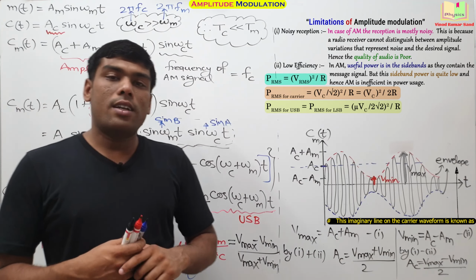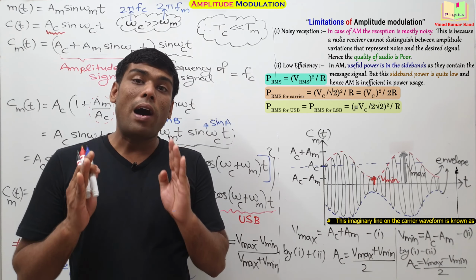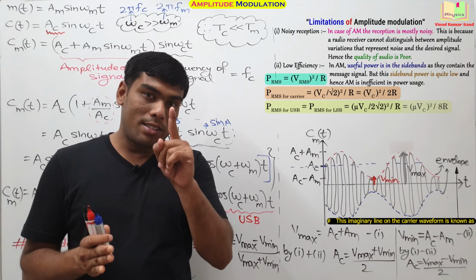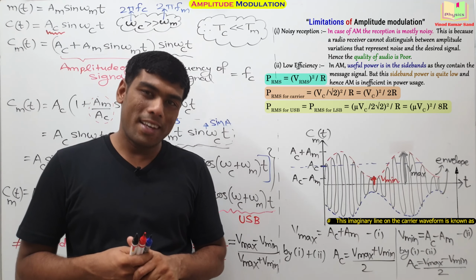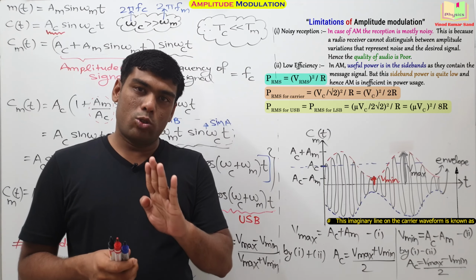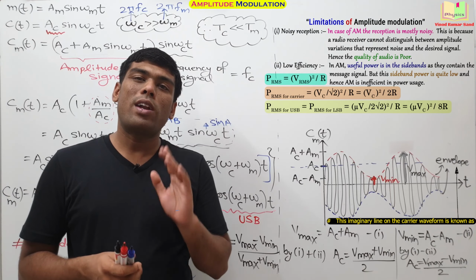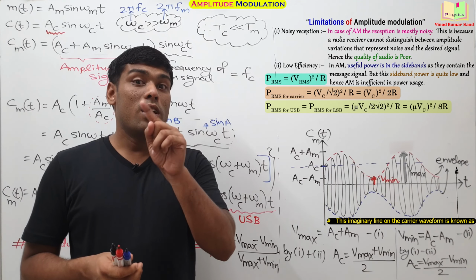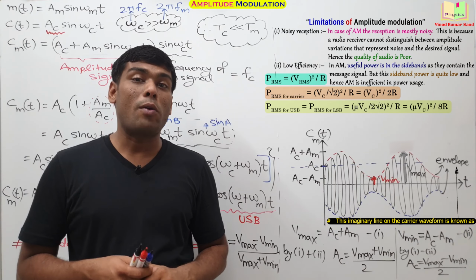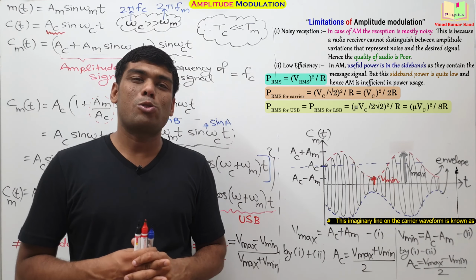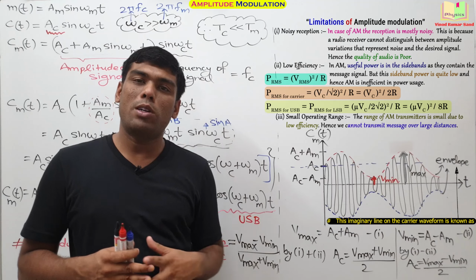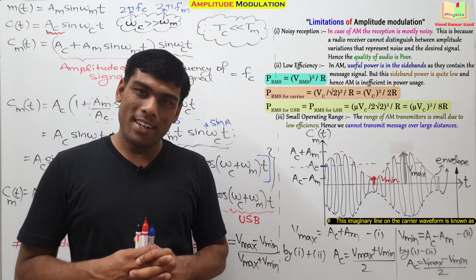Then you can see clearly that the power in the sidebands is less than the power in the carrier. So AM is power inefficient, and due to this inefficiency of power, the range of AM is also limited. Signal cannot be transmitted to very great distances.